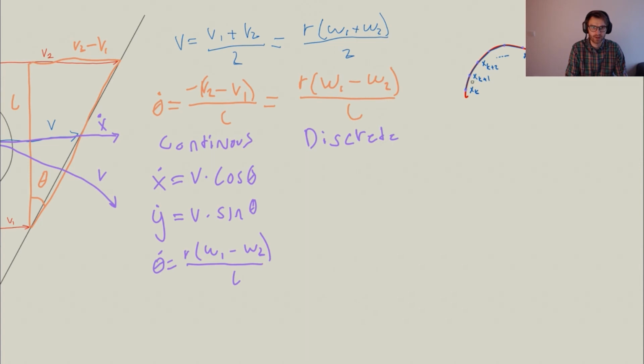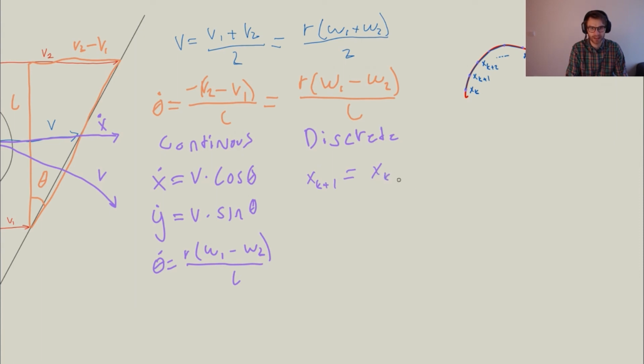So now we want a formula to calculate the x coordinate in each of these time steps. No longer do we have the x dot as change. The change will be shown as xk plus 1. So we will straight calculate the next step by taking into account where we just were in the last step.